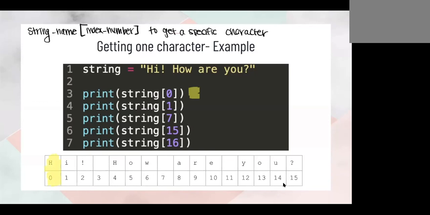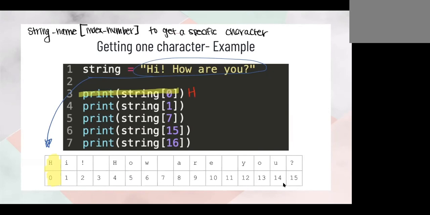Just so you guys are aware, this string right here, "Hi! How are you?", is the same thing as this one right here. So you could just look to the one below for reference. So string 0 in brackets just means the 0th character, which is H. So we will see capital H print out.